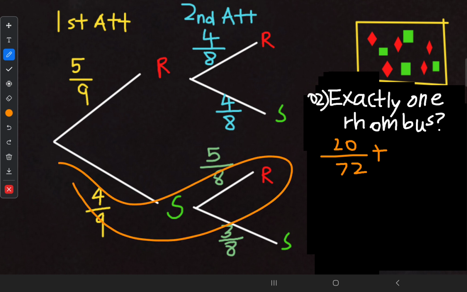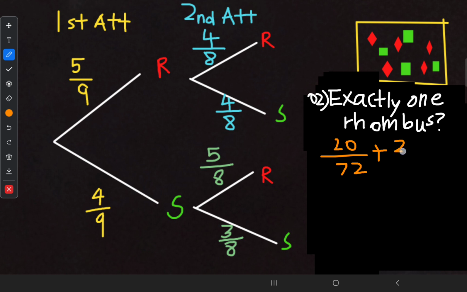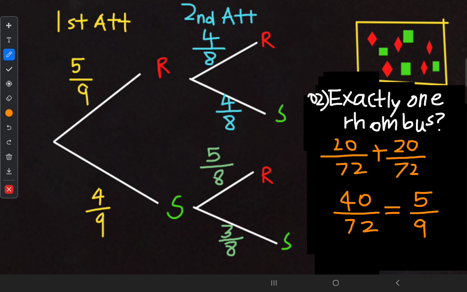Then here square and rhombus, so that would also be 20 upon 72. When you add them up, that's 40 upon 72. After simplification by using number 8, the simplest fraction would be 5 upon 9 in this case. That's all for your grade 11 lessons.